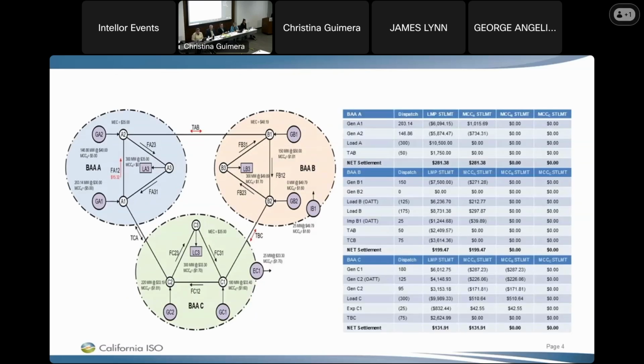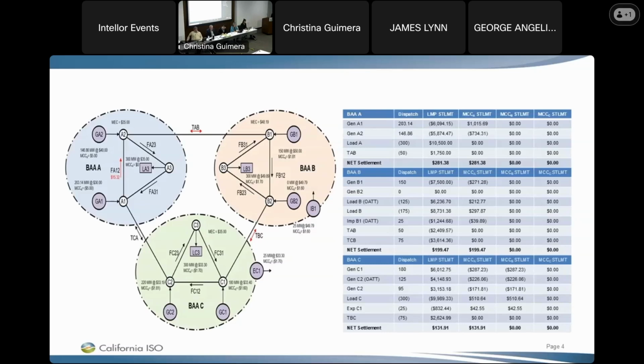We see that the model solved, and I'm going to go through this a little bit. Because the transfers were not binding between BAA and BAC, their marginal energy cost is the same, so it's $35 each.